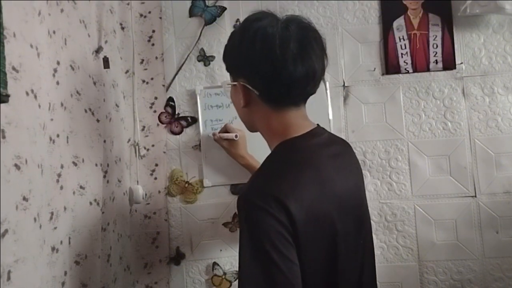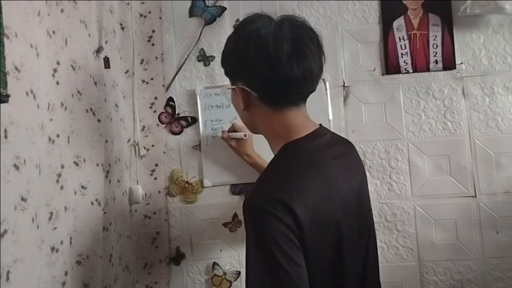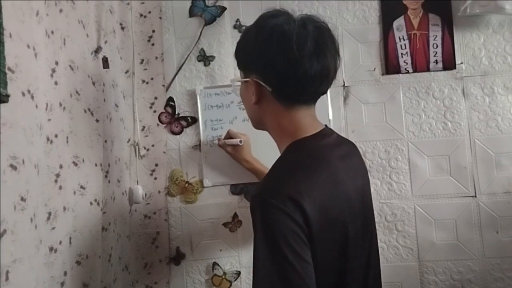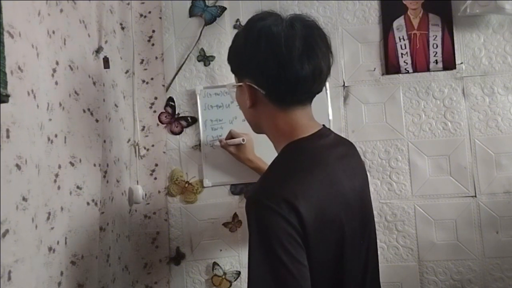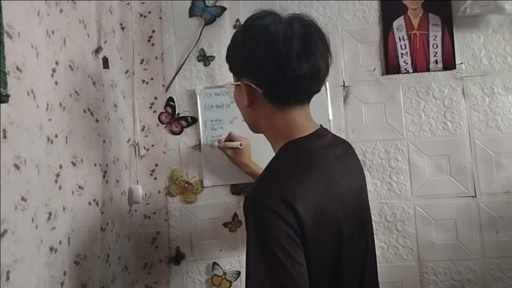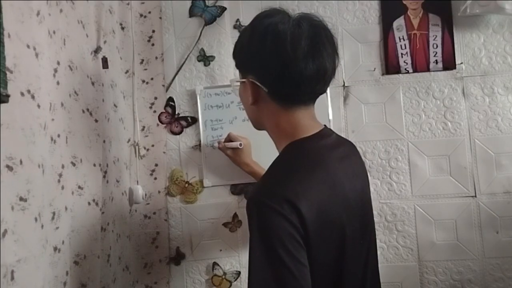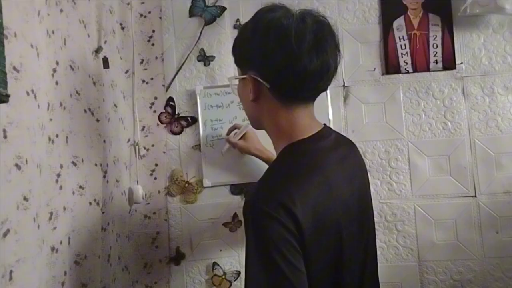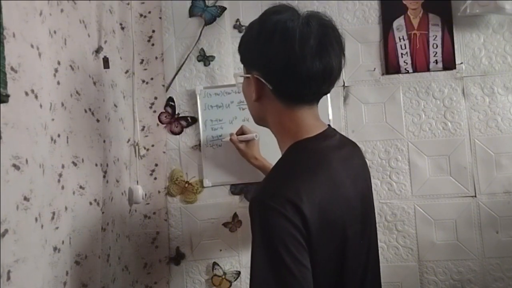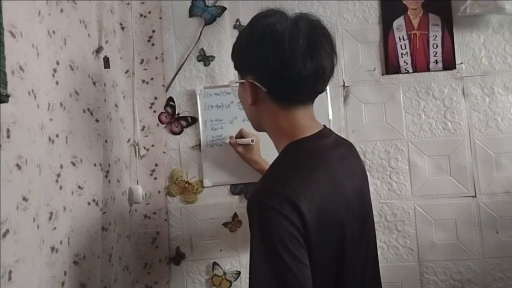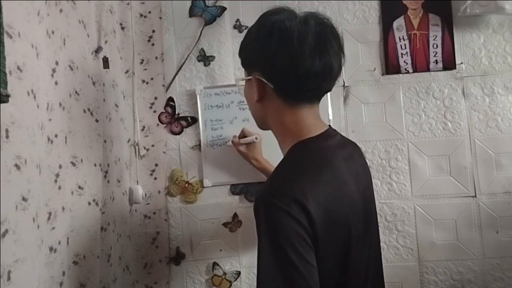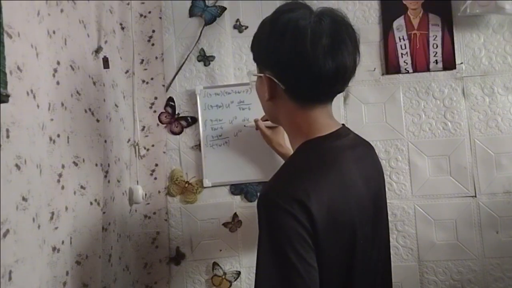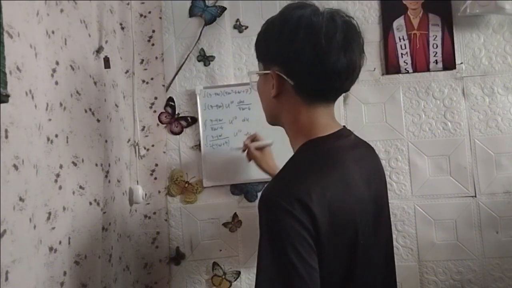So the integral of 3 minus 4w over negative 2 times 4, times negative 4w plus 3, and u raised to 10 du.